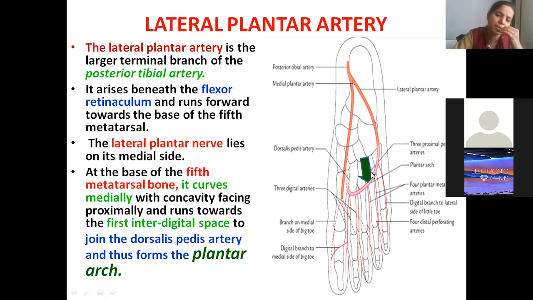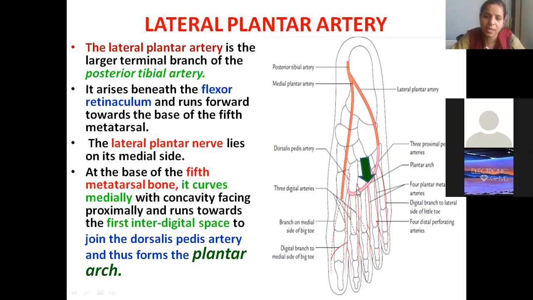Why is it piercing like this? On the dorsum of the foot, we have talked about the dorsalis pedis artery. Do you remember I told you it forms the plantar arch there? Through this, it dips there to join the dorsalis pedis artery and thus forms the plantar arch. That means these arteries are anastomosing: the artery of the dorsum of the foot and the artery of the plantar aspect.